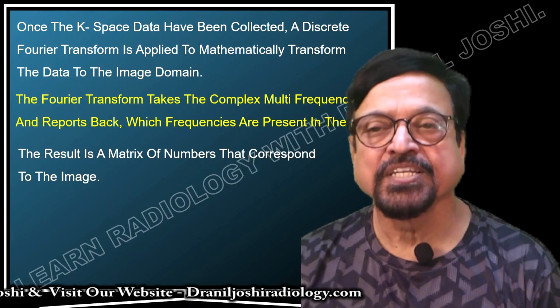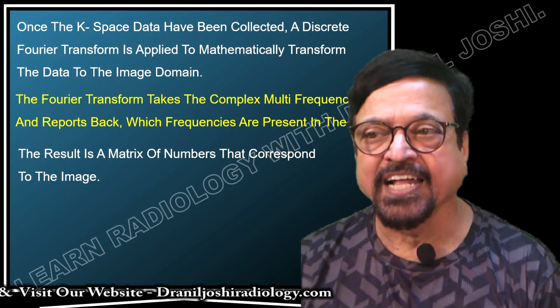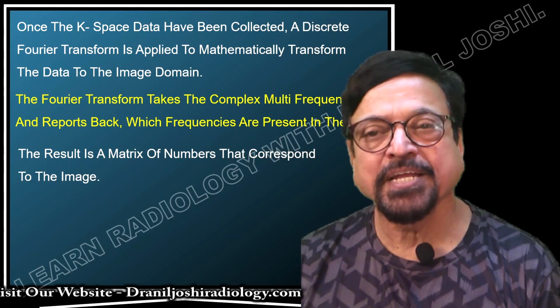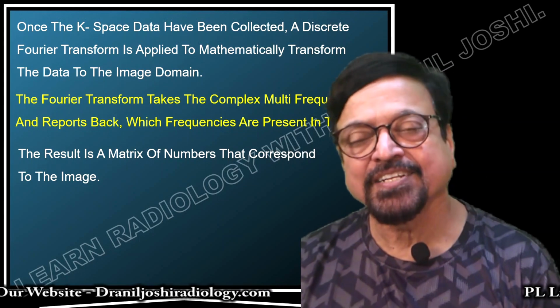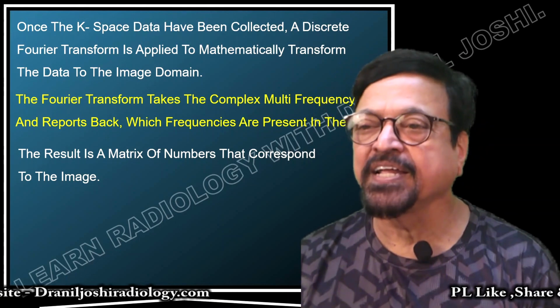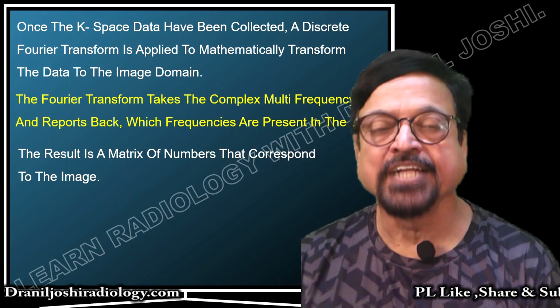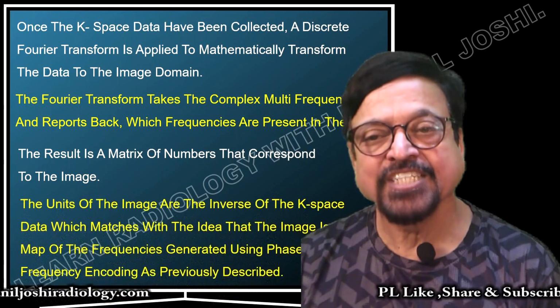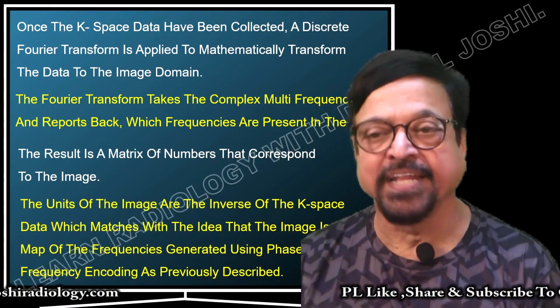Whichever frequencies constitute the data, it separates them. The result is a matrix of numbers that corresponds to the image. So the signals here are changed from one domain to another domain.